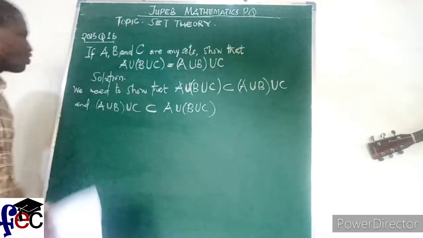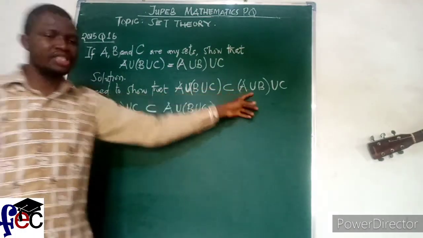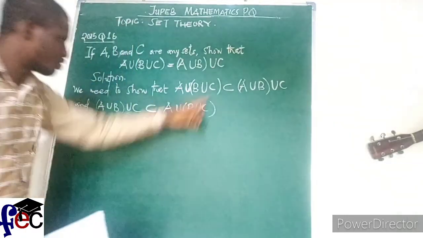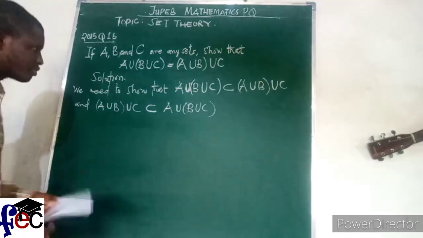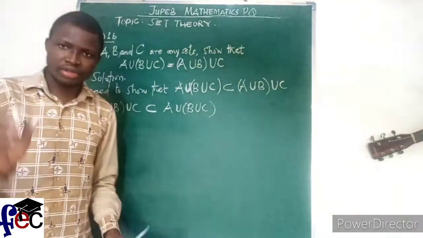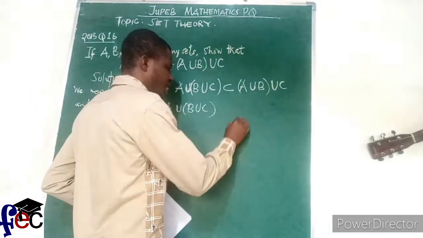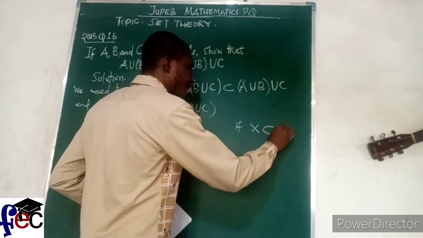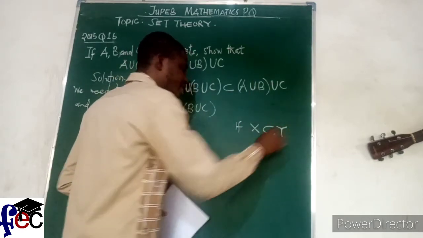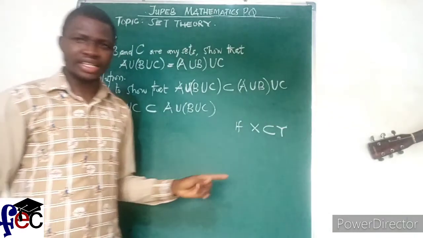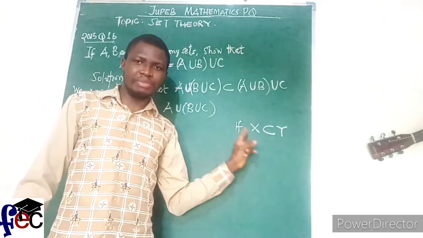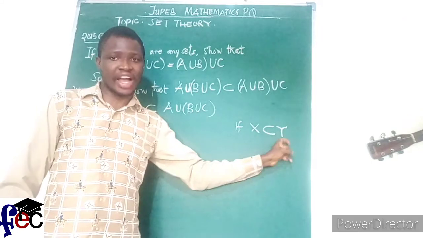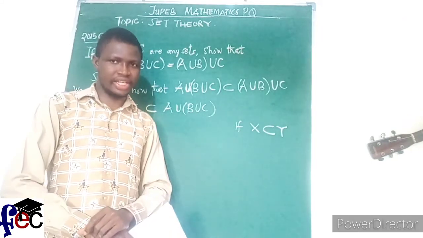So how do we show that this is a subset of this and this is a subset of this? Now look at it. Picking the first one, if X is a subset of Y, for example, what it means is that if you pick any arbitrary element in set X, you will always find it in set Y. You get it?